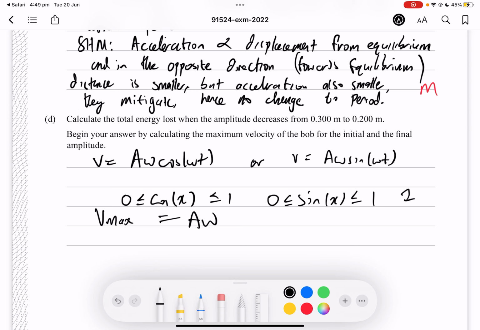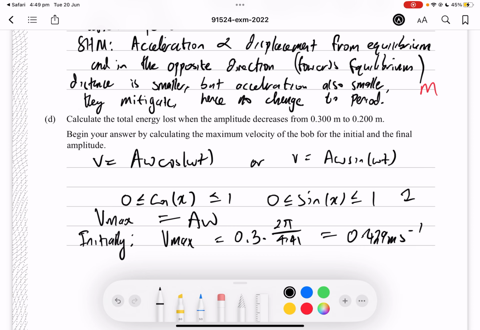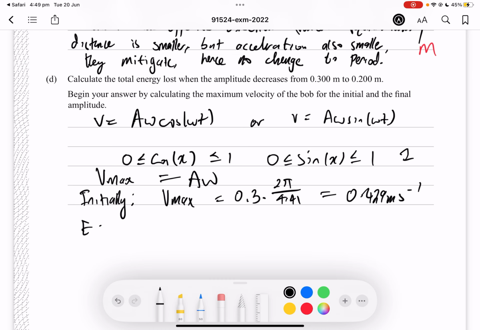So initially, v max is equal to 0.3 times 2 pi over the period, so that's equal to 0.429 meters per second, and the energy is equal to half m v squared.